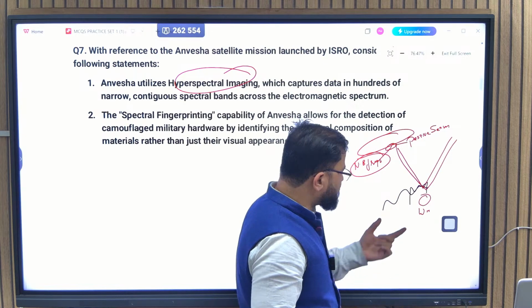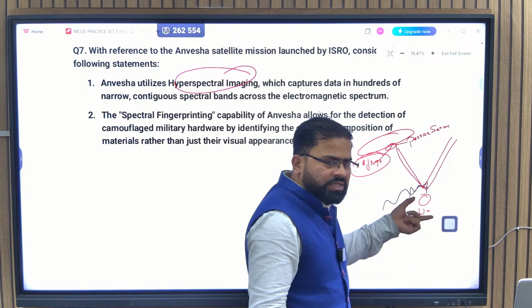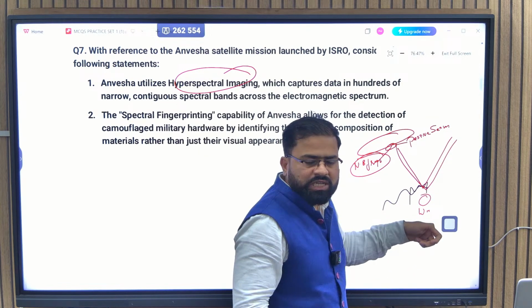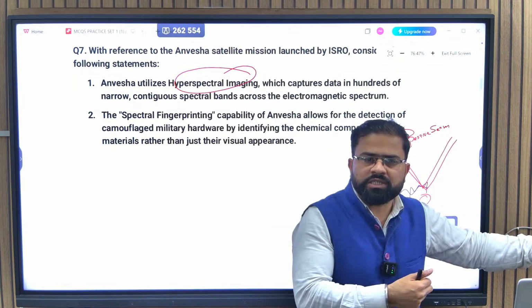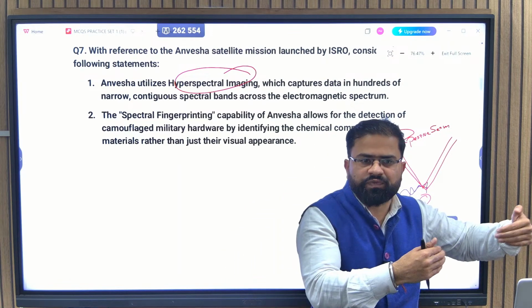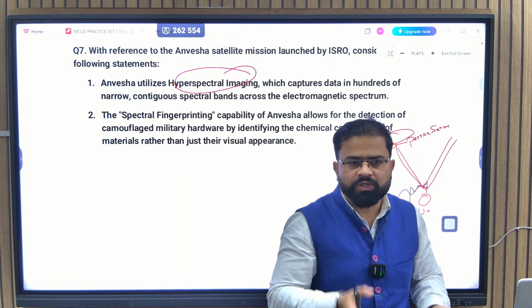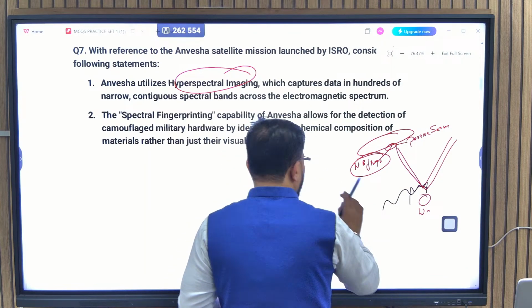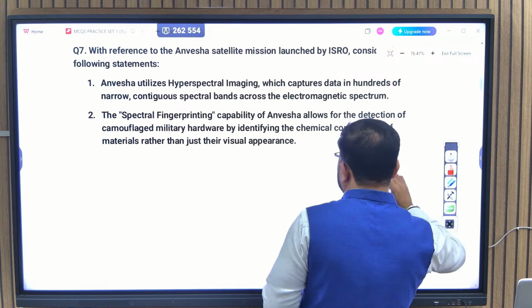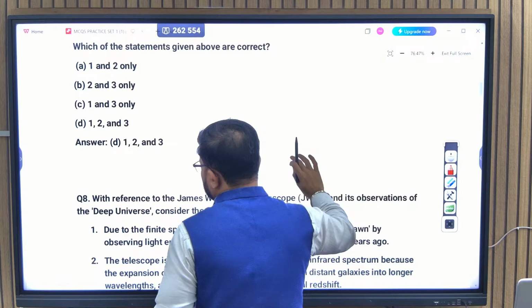For example, this forest cover will have certain frequencies, and inside the forest the weapon will have different frequencies. They already have a chart that the forest cover's frequency range will be this much, but inside the forest cover you will get certain different frequencies. If those frequencies correlate with weapons, that means the weapons have been camouflaged there. So all four statements are correct. It's written D. Clear?